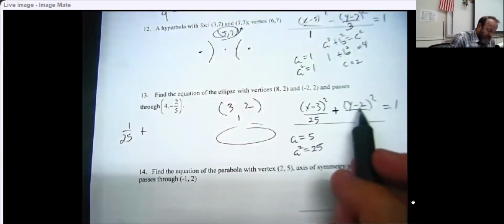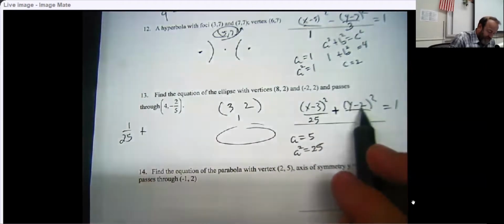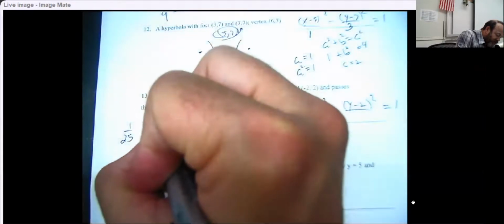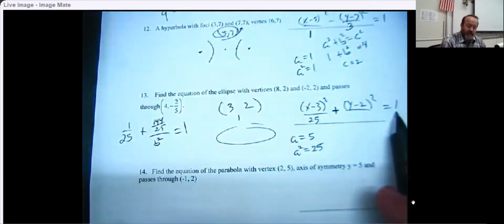Plus, if we do this right here, -2/5 take away 2 is, let's see, let's call this 10/5. So this would be -12/5 squared is 144/25. But somehow the thing still has to be equal to 1.